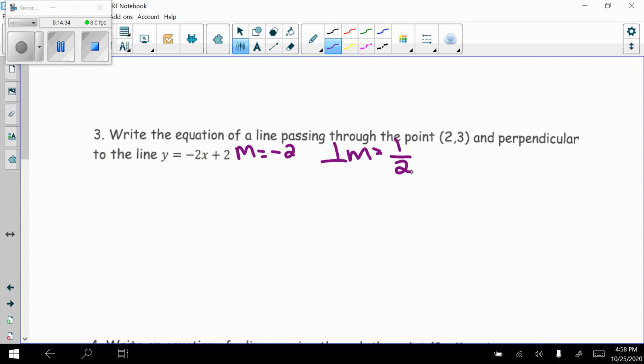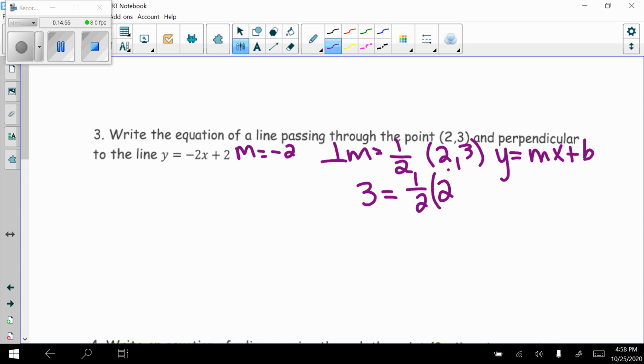So just like the previous two examples, I take the point they gave me, 2, 3. Now my perpendicular slope of 1/2, I replace all of that and solve for b. So instead of y, I put 3 equals m, my perpendicular slope, 1/2 times x, 2 plus b. We want to solve this equation for b.